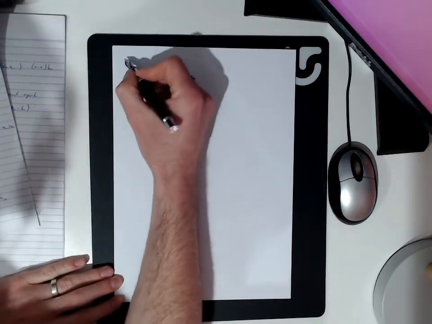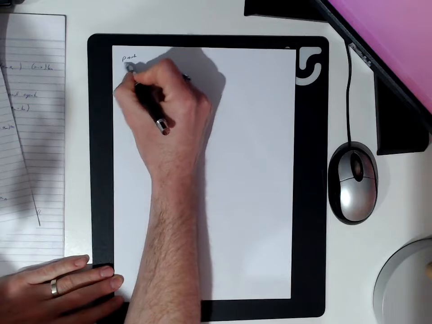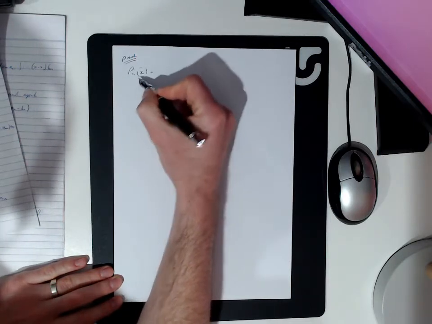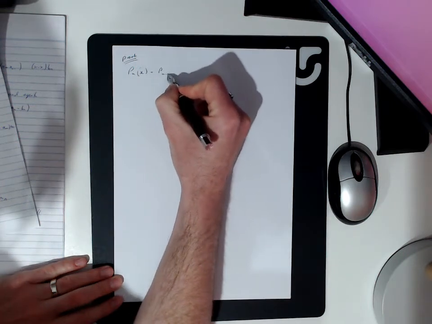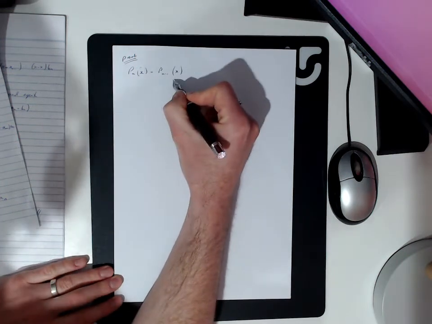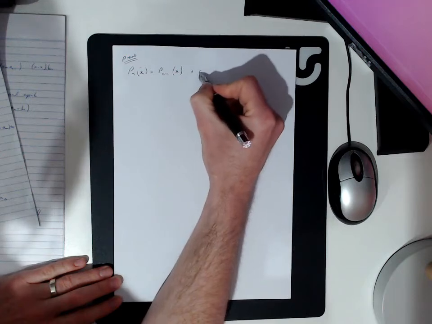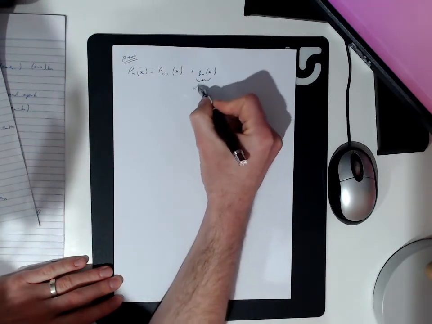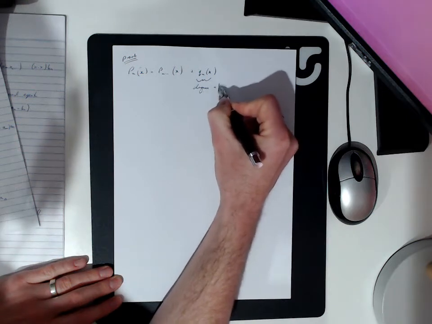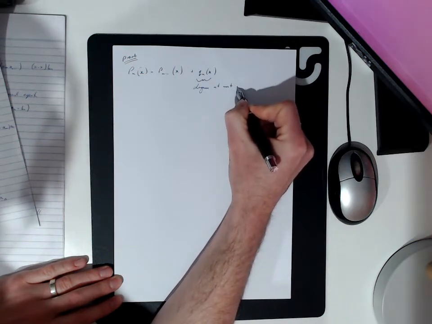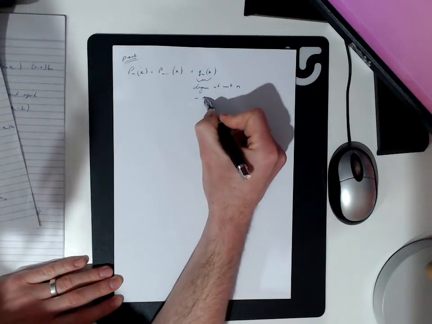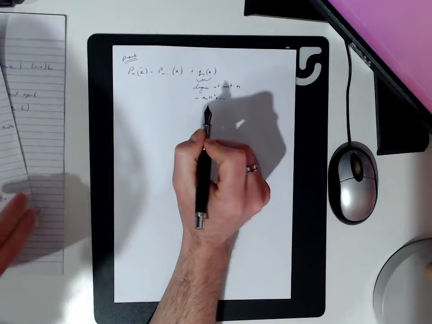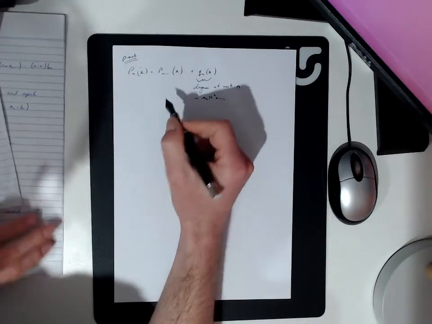So the starting point for a proof of this claim is to note that if we have our interpolating polynomial equal to an interpolating polynomial of degree n minus 1 plus something of degree at most n, so this is going to look a little bit like an x^n plus some other stuff. That other stuff is what I just mentioned before.